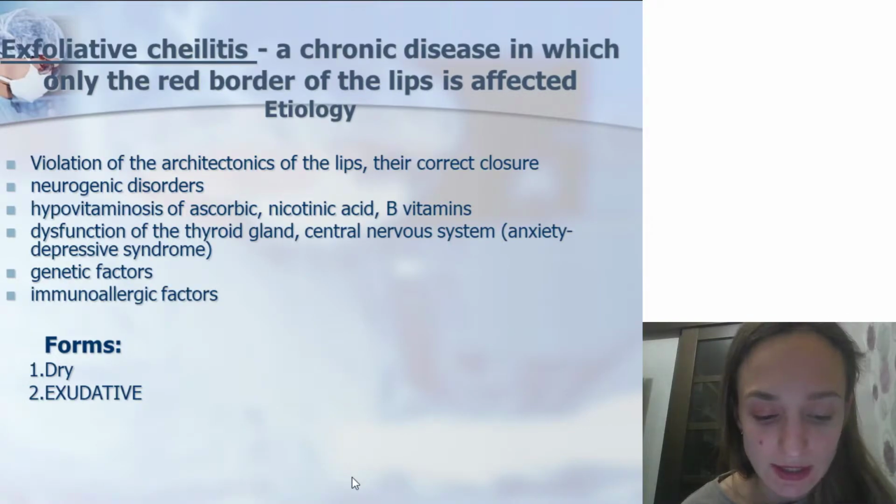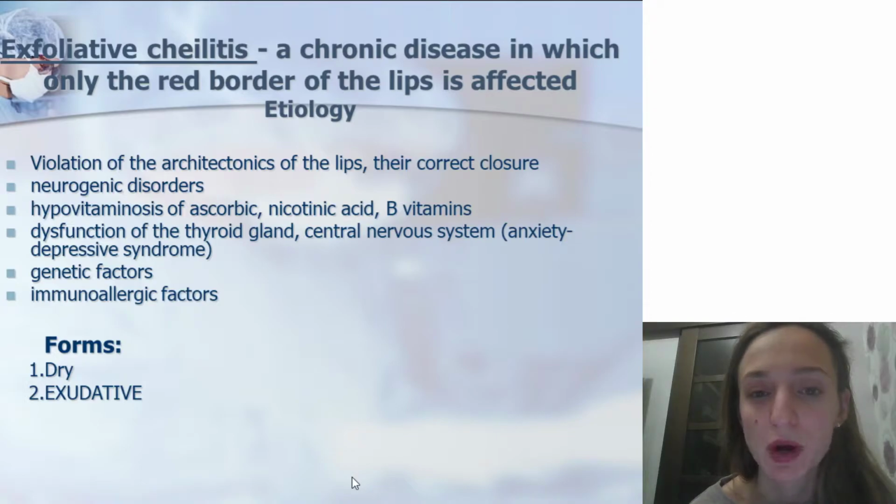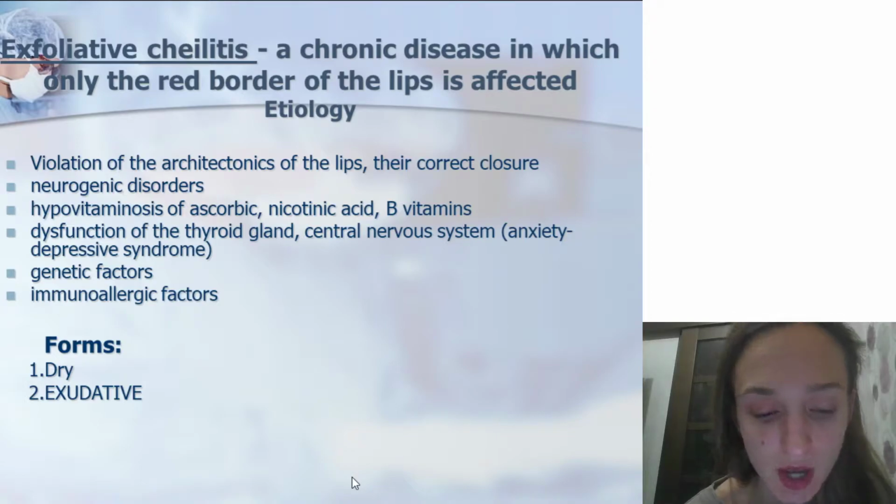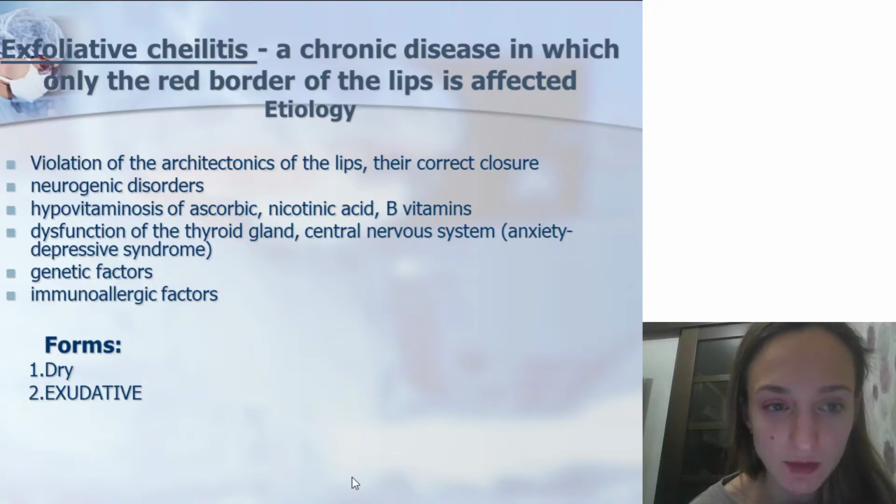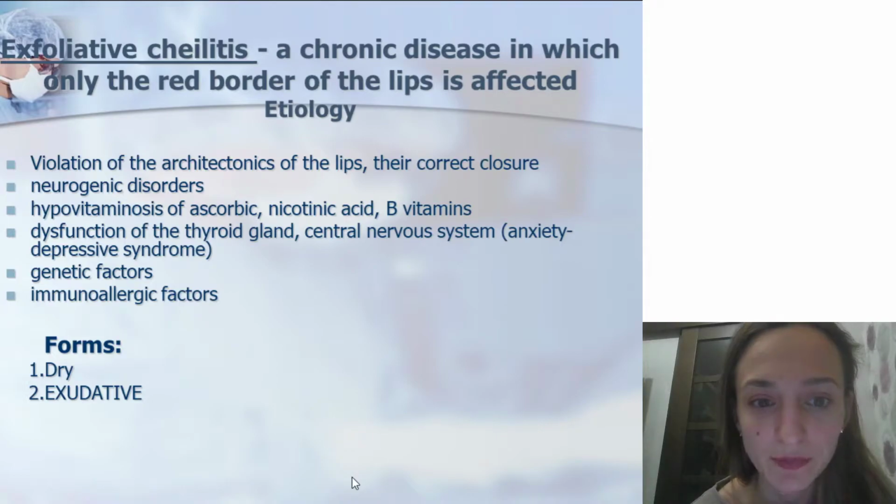So, exfoliative cheilitis. It is a chronic disease in which only the red border of the lips is affected. And etiology that you should know, it is a violation of the architectonics of the lips, their correct closure.